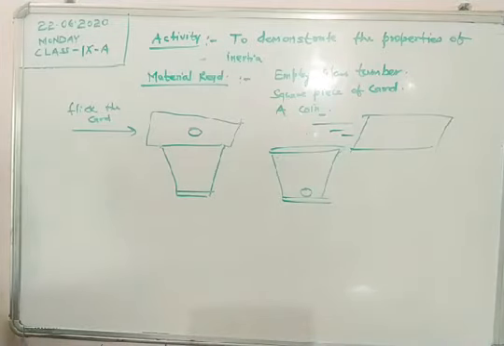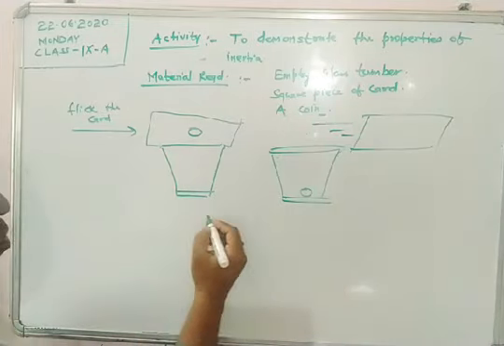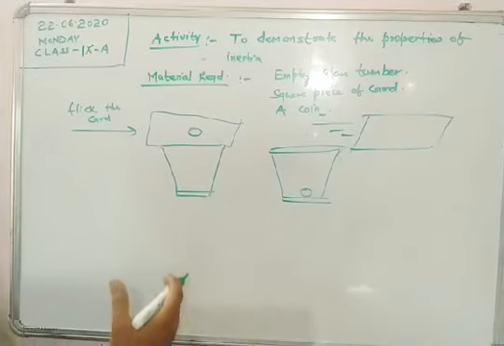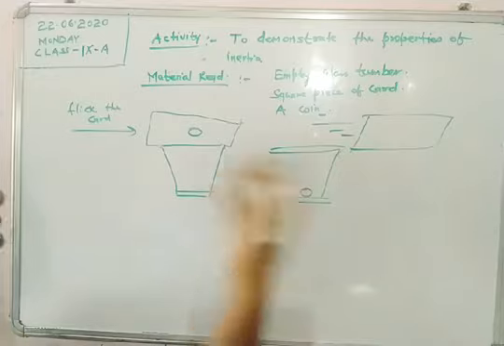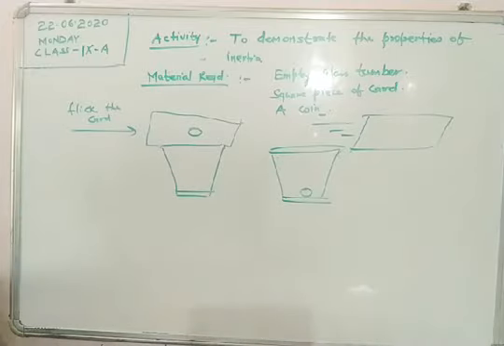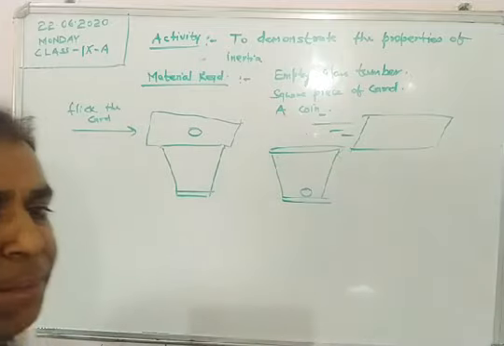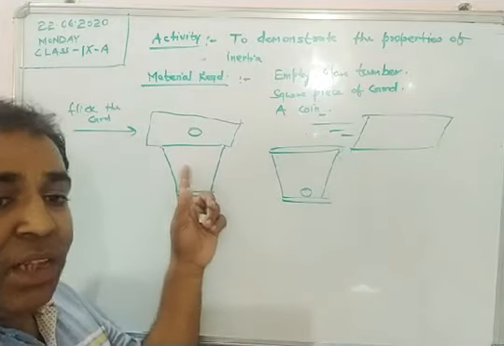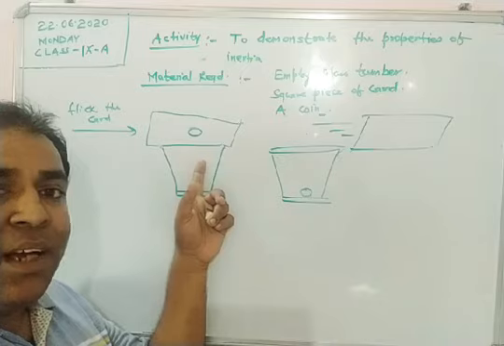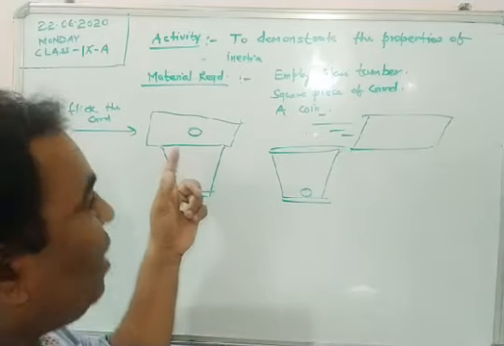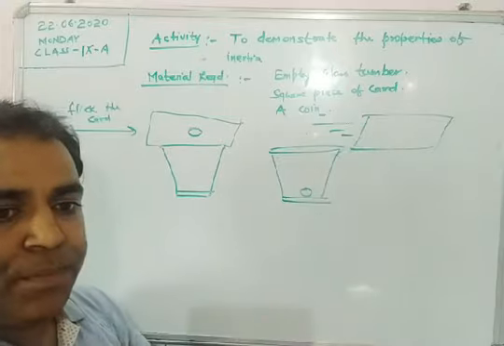We will see that there is a very important topic that we discussed in the last class, about the properties of inertia. Students, what is happening here? Initially, both the card and the coin are at rest. But when the card is flicked, it comes into motion.